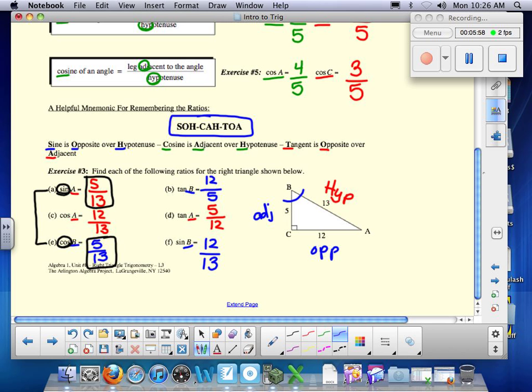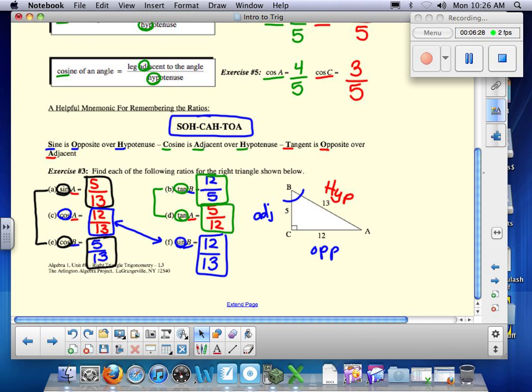The same thing happened between cosine and sine. Different functions, same ratio. And then for tangent, again, same function, different ratio. Those connections will continue to happen if you stay in the same triangle.